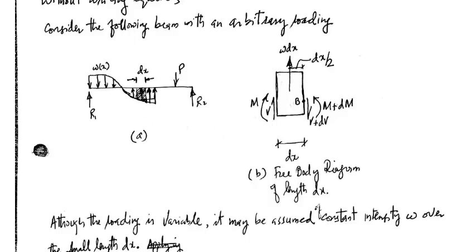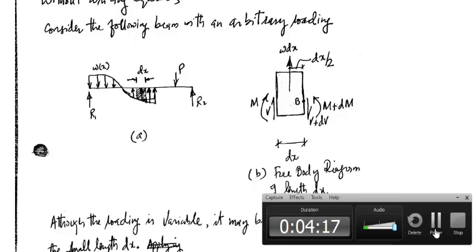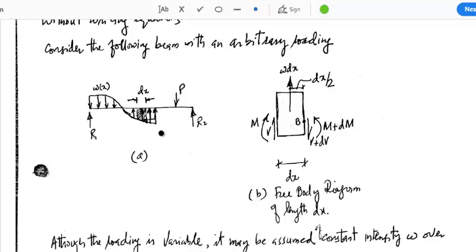So this area will then form a rectangle, and we know that the area of a rectangle is length into height. So omega into dx is the resultant of this area load.